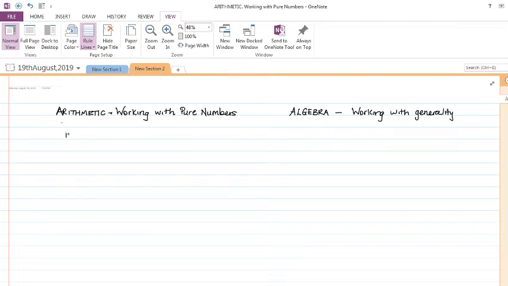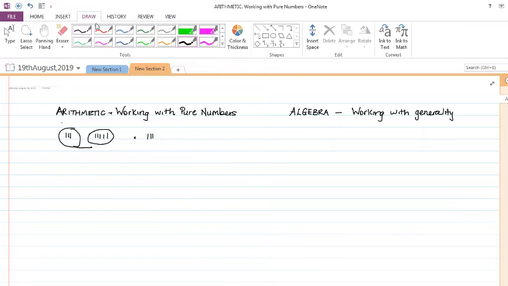So if I have 3 items, 1, 2, 3, and I have 5 items, 1, 2, 3, 4, 5, and I put them together, I will have 1, 2, 3, and then 4, 5, 6, 7, 8. The 3 and the 5 together give me 8.